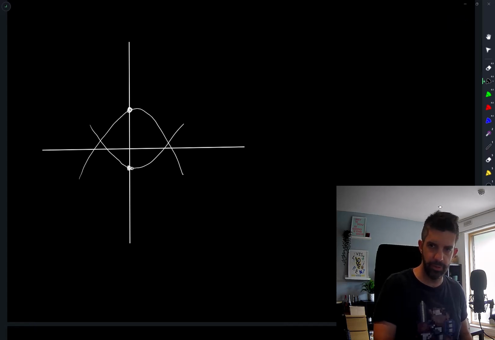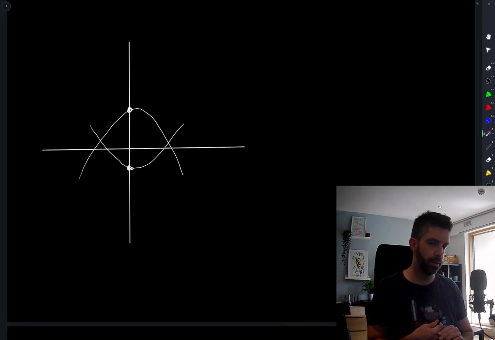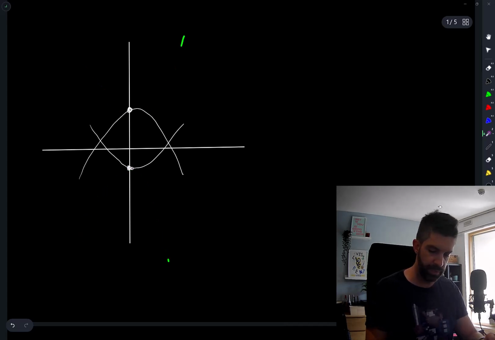This happens when the two intercepts are like, we don't just need one intercept to be greater than the other, because we could have had the parabolas going like this.